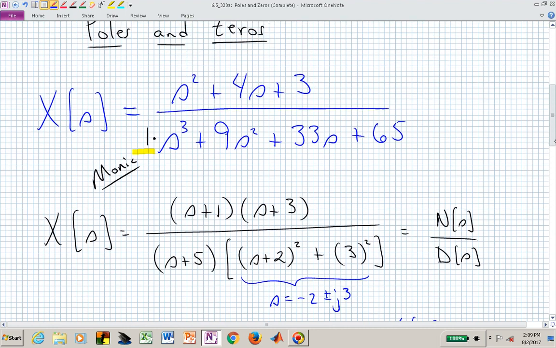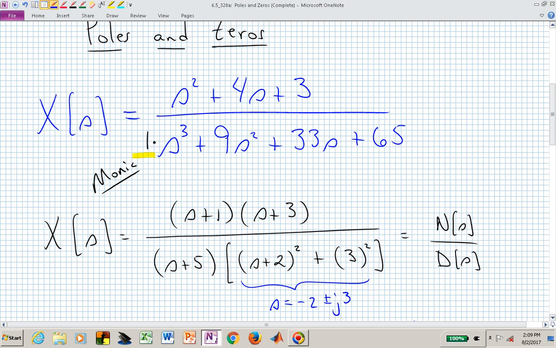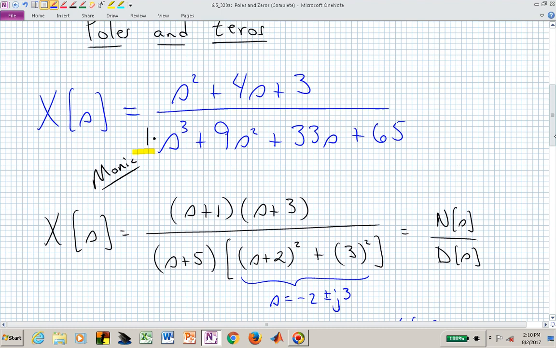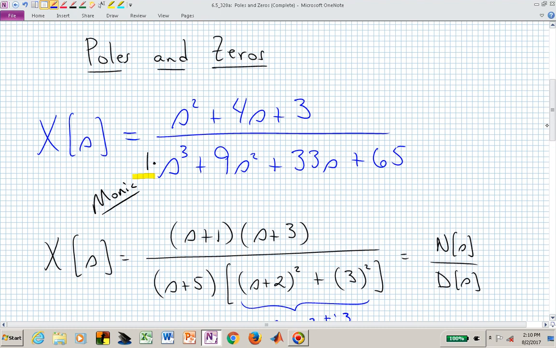We want to now identify for these transform expressions, and sometimes we'll label the numerator as a polynomial capital N of s, and the denominator defined to be a polynomial capital D of s. We now want to define formally these concepts of poles and zeros.